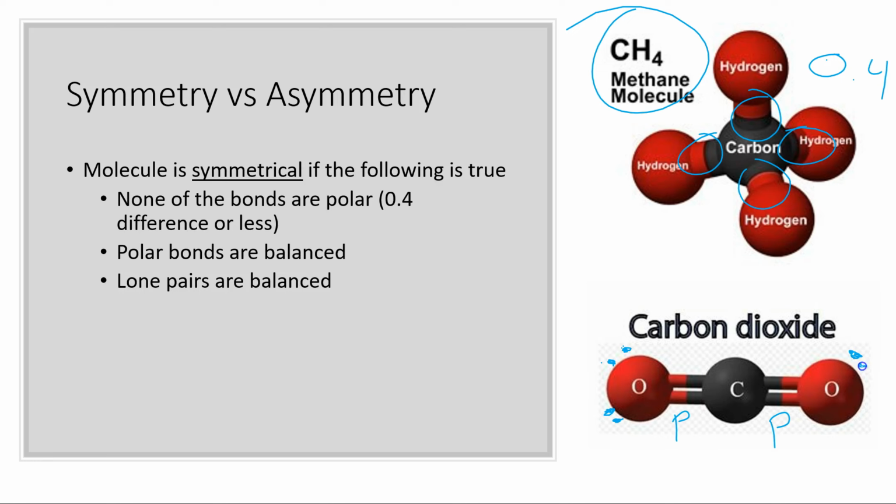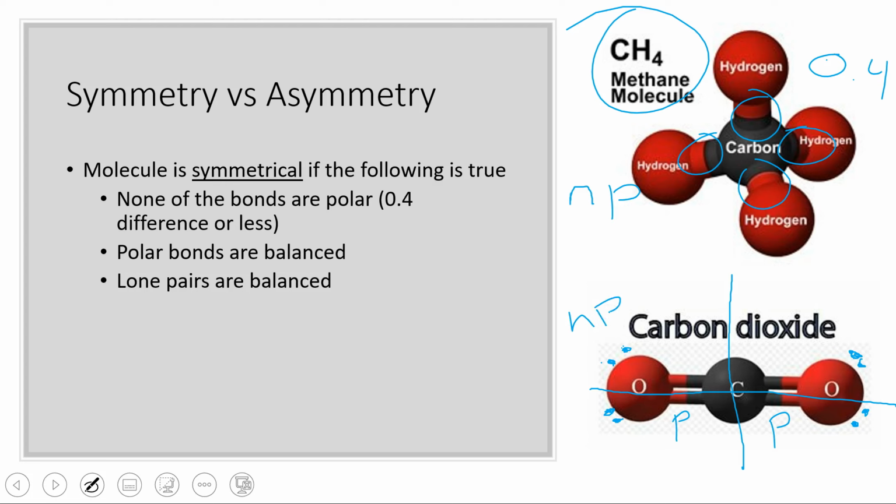We also have 2 lone pairs on the oxygen side over here, right? So because of that, if we were to draw a line down the middle, we've got symmetry on both sides. Same thing goes for this direction, right? It all looks the same on all sides. So this is non-polar, and this is also non-polar. Even though we do have polar bonds, they are balanced in carbon dioxide, therefore that molecule is nonpolar.